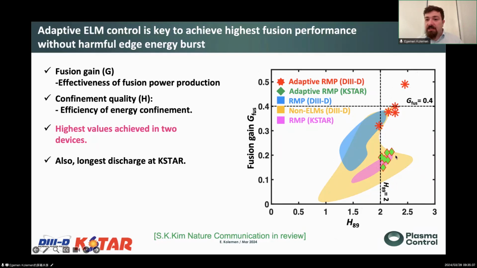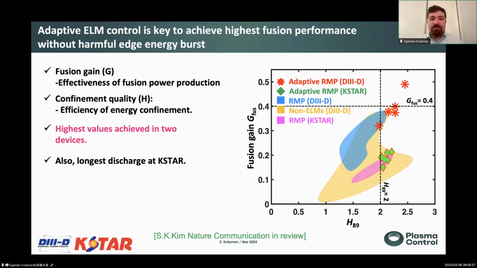And here's the K-star data, and here's our shots. So they're way outside of, they're the best confinement shots as well. So you can show that the systems are helping you get the highest value achieved in two machines, on K-star and on D3D.